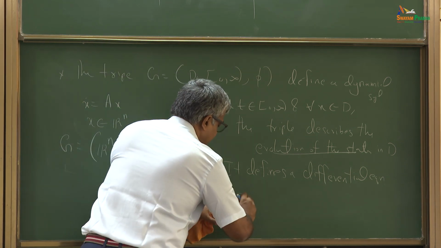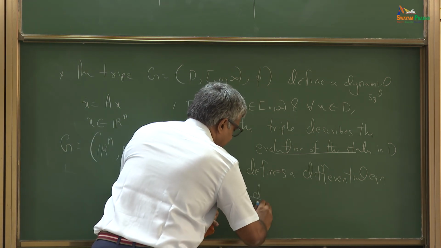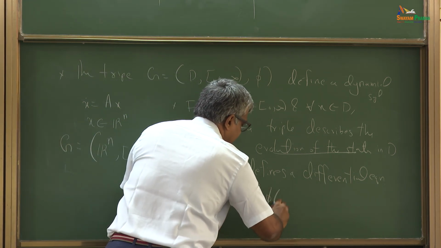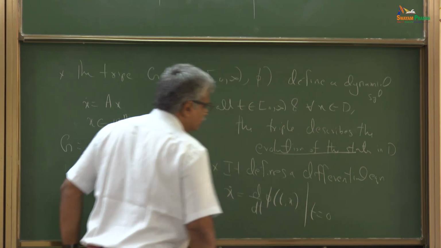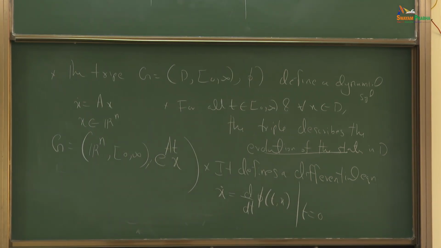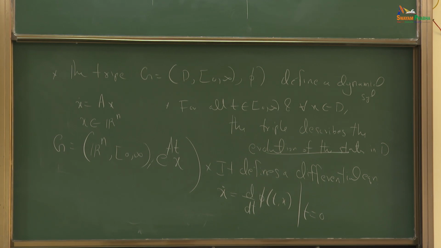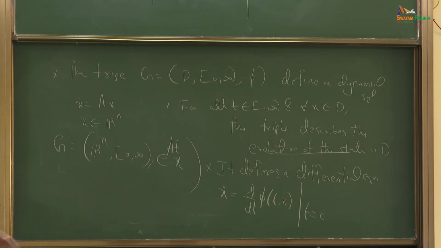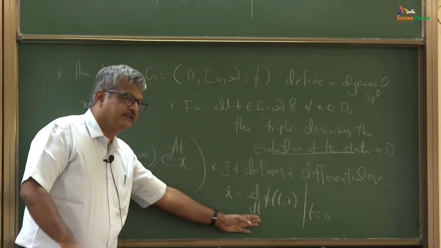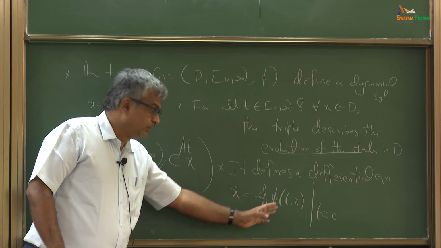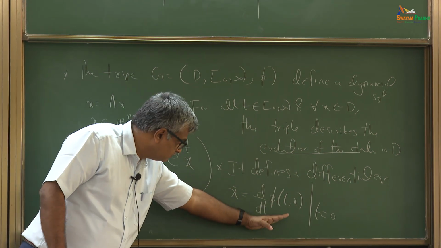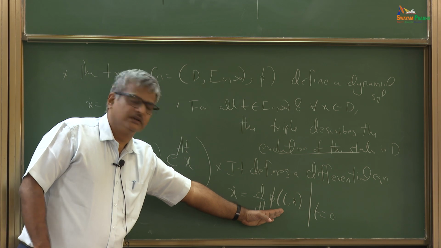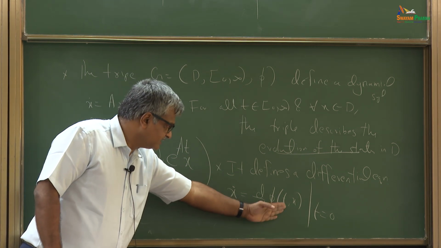X dot is nothing but d by dt of this flow evaluated at t equal to 0. So that differential equation is precisely given by this relation: x dot is equal to d by dt of the flow, and we can differentiate this, because it is differentiable in t.